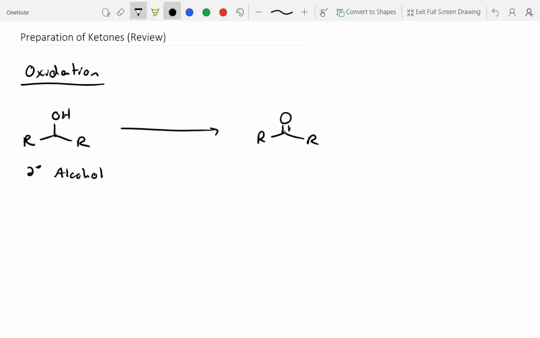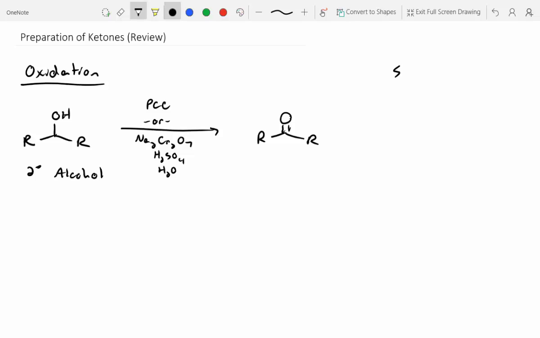Okay, PCC or what else? Chromic acid, Na2Cr2O7, H2SO4, and H2O, or any combination you want to get chromic acid. There's like a dozen listed in various textbooks. Either of these will work.